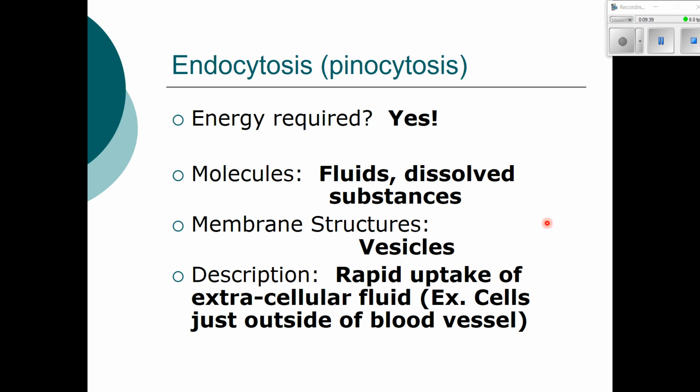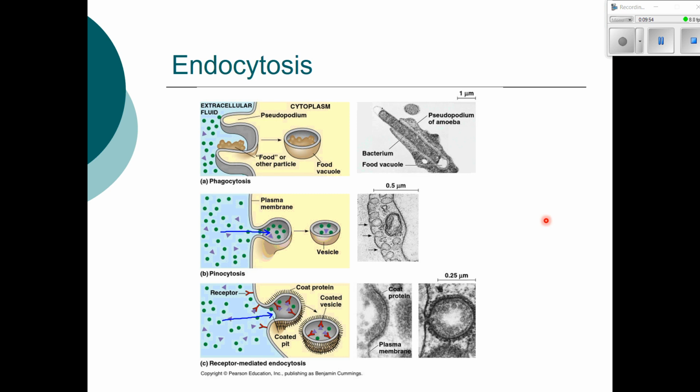So it's the rapid uptake of extracellular fluid. And this happens very often when cells are located really, really close to a blood vessel, because that's when you're going to have the highest probability of having a high concentration of nutrient in that extracellular fluid.